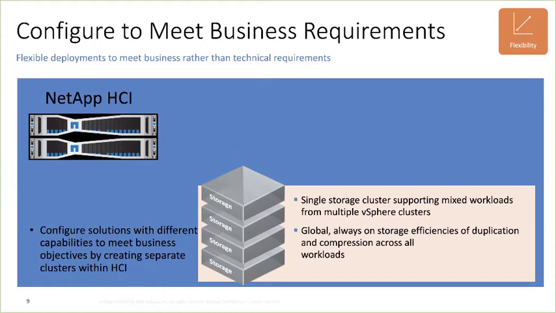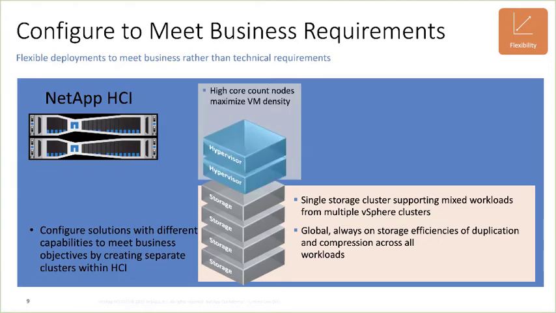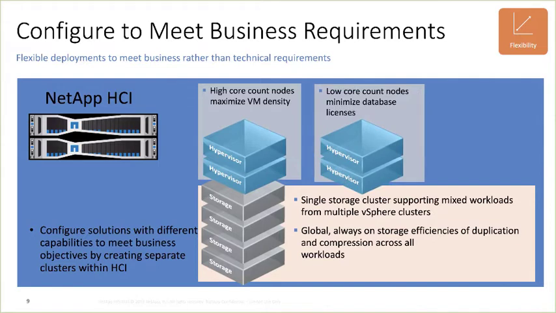Remember, I said you can put hundreds of workloads in this single cluster. Well, on top of that, it can be different workload types. It can be general purpose. It can be a database. It can be VDI. It can be end user computing, right?